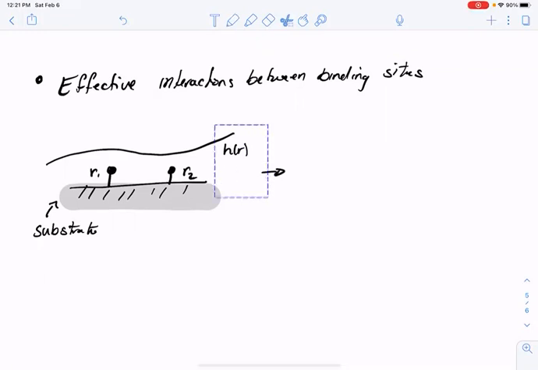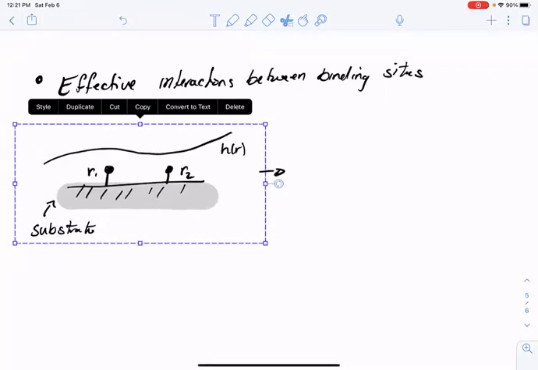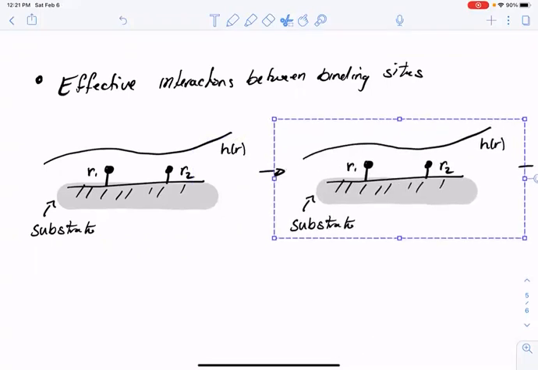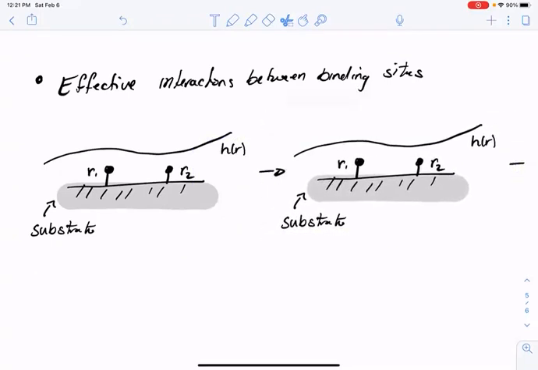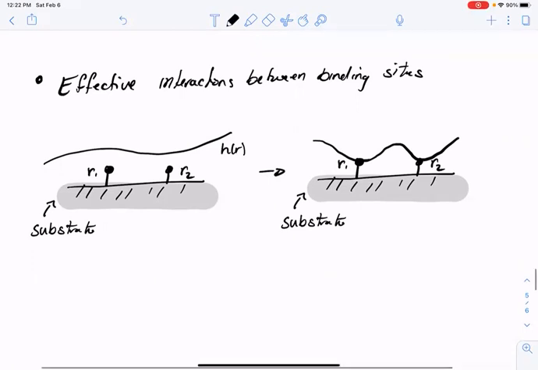If they bound, that membrane then would be forced to have very specific heights. So unbound, the height can fluctuate.